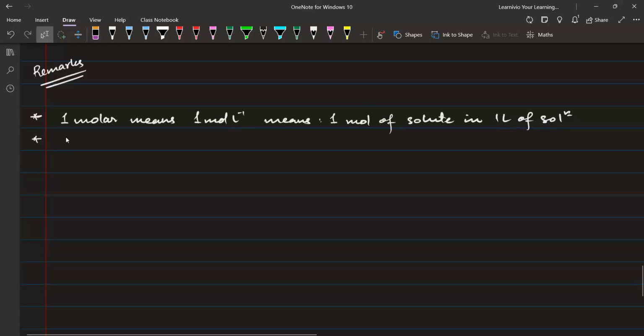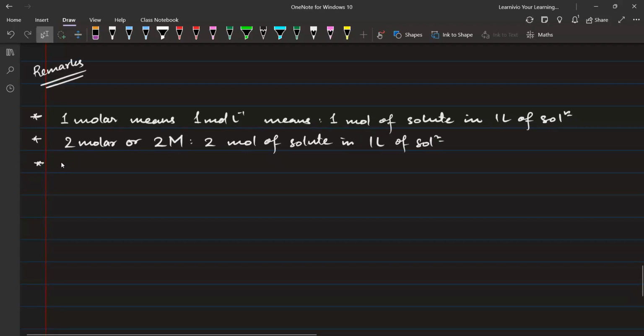Similarly, if I have 2 molar, or 2M, capital M, it would mean 2 moles of solute in 1 liter of solution, 2 moles per liter.